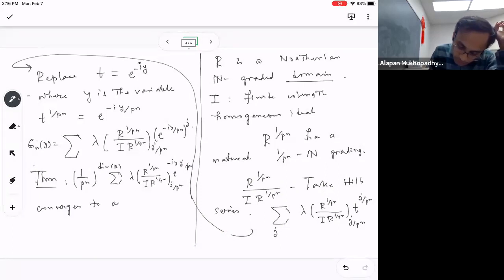to first, so there are two statements. So the first is that it converges for every y, for every complex number y.